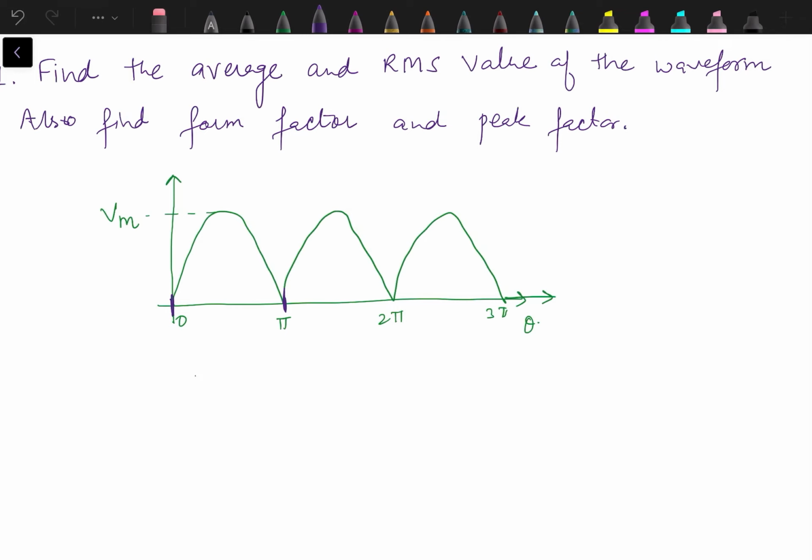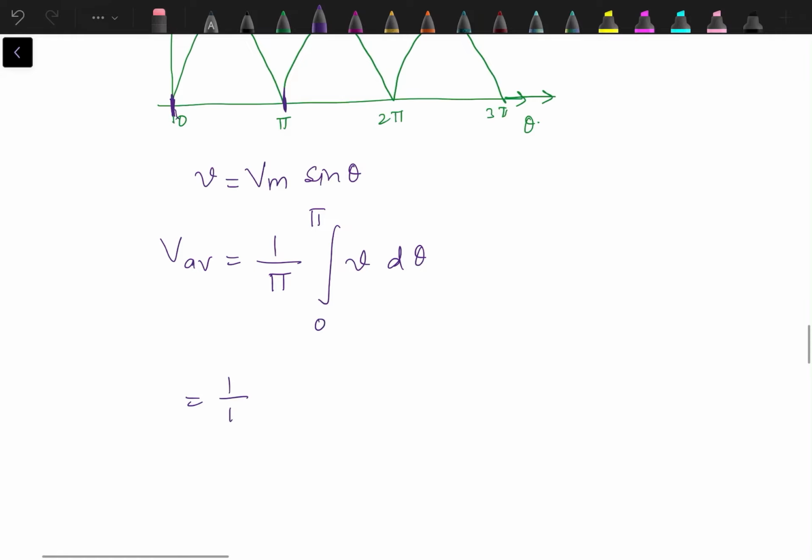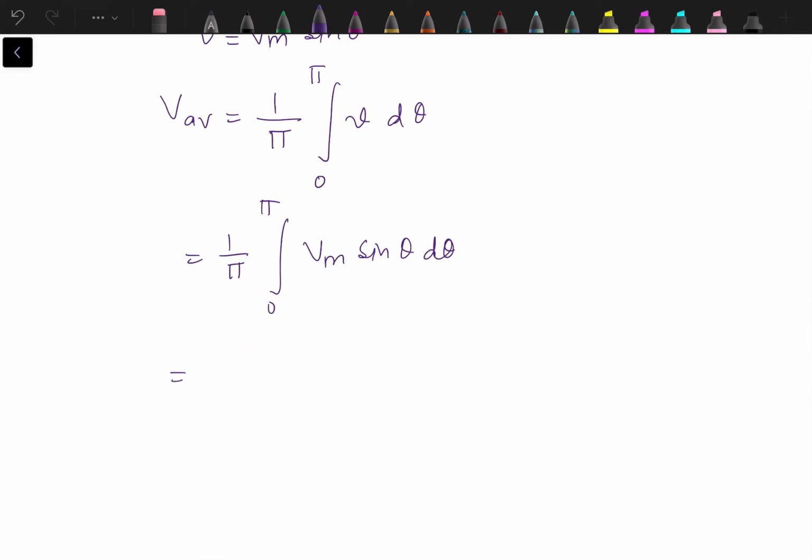Now how do we express the instantaneous value of this? It's Vm sine theta. So if we find the average value, it is 1 by (T2 minus T1), where T2 is pi and T1 is 0, so 1 by pi, integration from 0 to pi, V d theta. So 1 upon pi, integration from 0 to pi, Vm sine theta d theta. Now the integration of sine theta is minus cos theta, limits from 0 to pi.